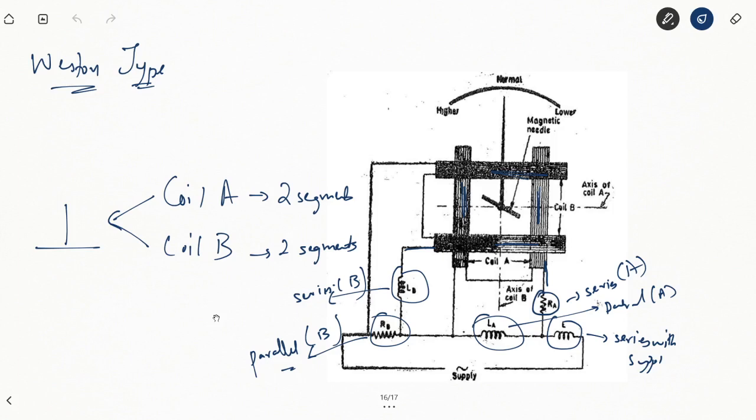So at the normal frequency of supply, we choose the values of resistances and inductances in such a fashion that the total magnetic field generated by these two coils A and B will act upon the needle and set it up at 45 degrees to both the coils. Accordingly, at that time we can say that this device has been calibrated to this particular frequency. That's the rated frequency of supply voltage.